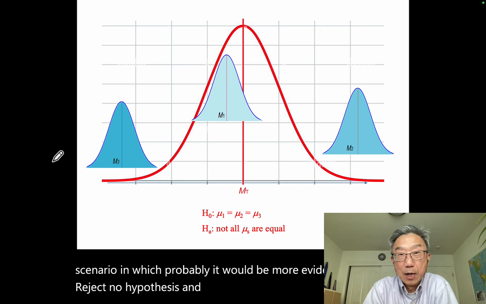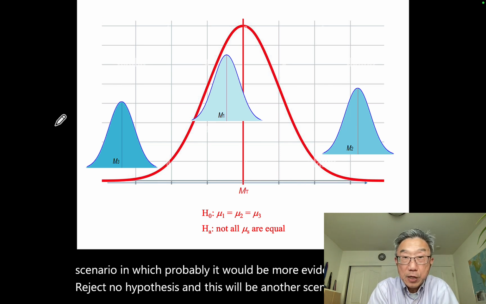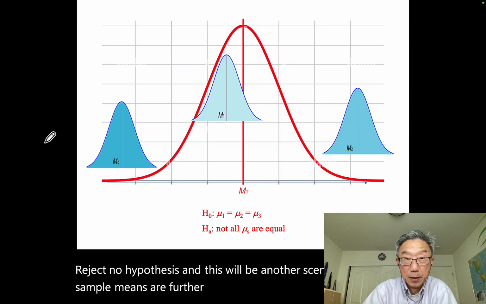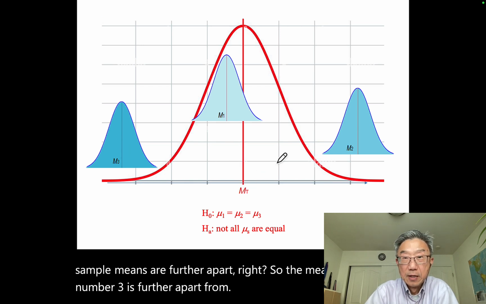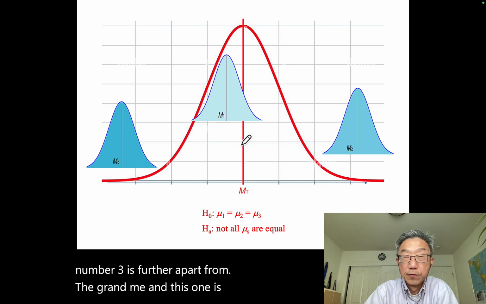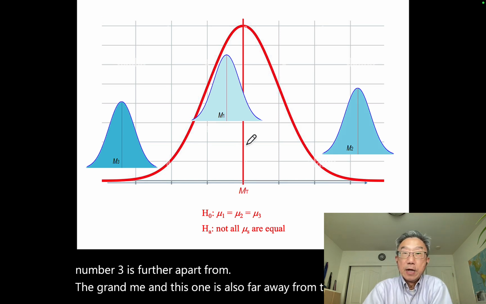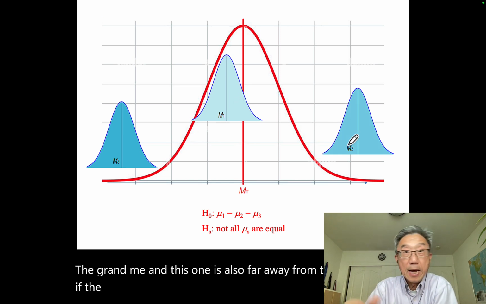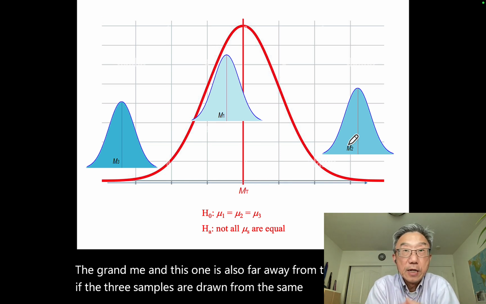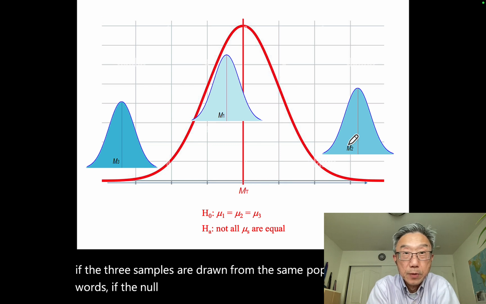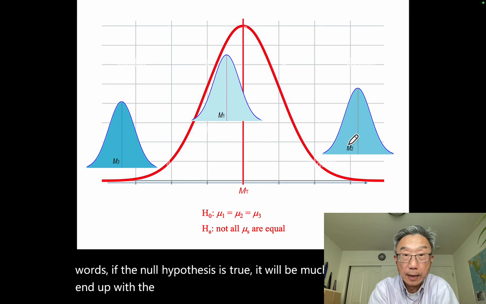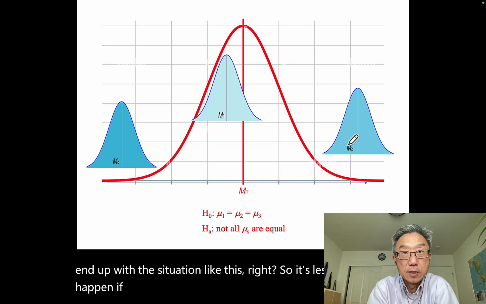The sample means are further apart, right? The mean for group number 3 is further from the grand mean, and this one is also far from the grand mean. If the 3 samples are drawn from the same population, in other words, if the null hypothesis is true, it would be much less likely to end up with a situation like this, right? So it's less likely to happen if the null hypothesis is true.